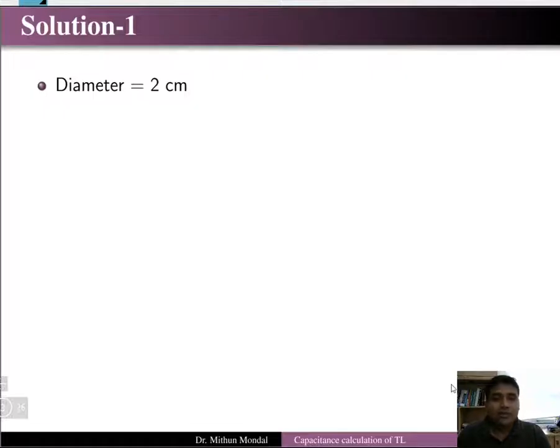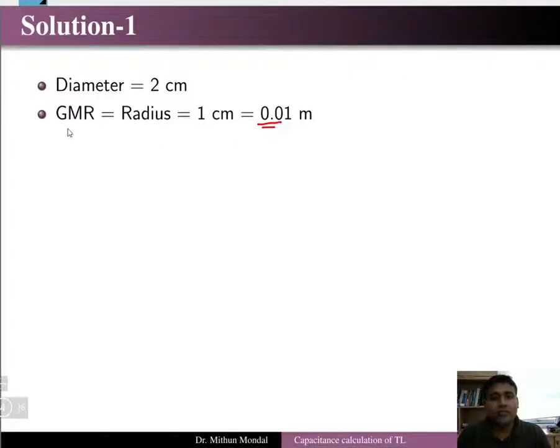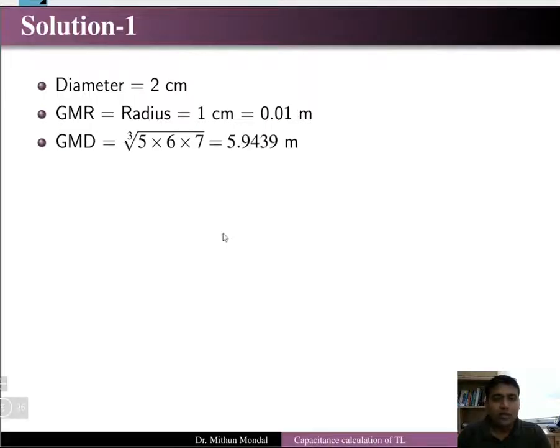So the diameter given is 2 centimeter. It means the radius, which is equal to 0.01 meter, will be the GMR, that is the geometric mean radius of the conductor. So the geometric mean radius of the conductor will be 0.01 meter, which is the radius of the conductor. Now the GMD calculation can be done when this is a triangle with three lengths L1, L2 and L3.